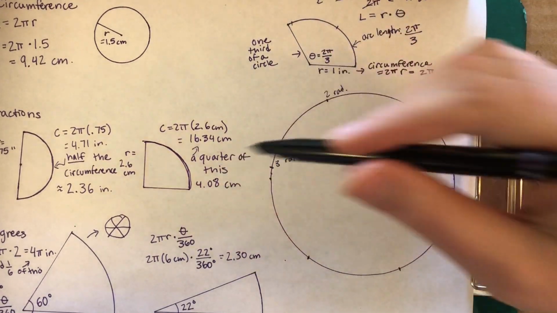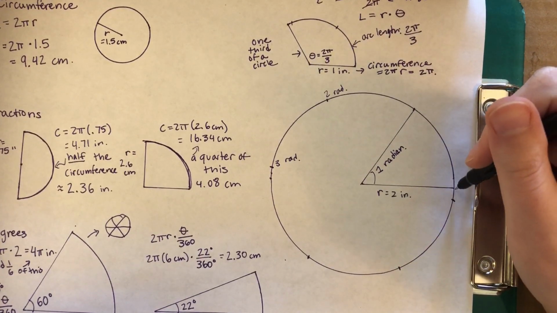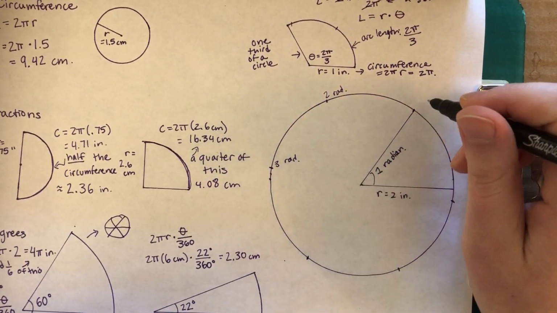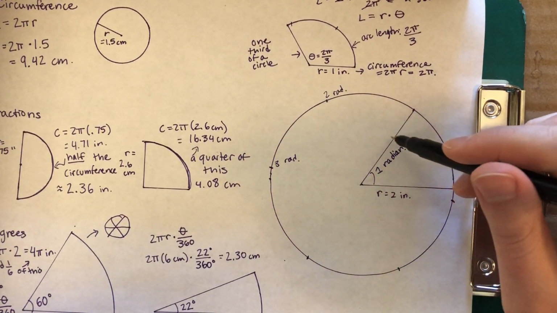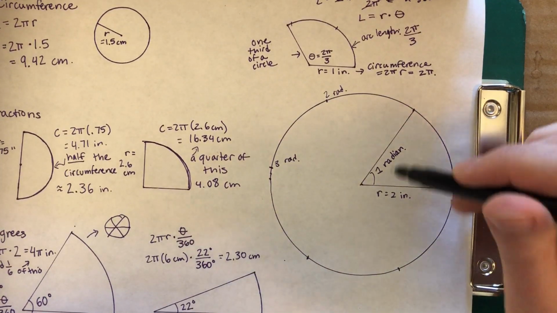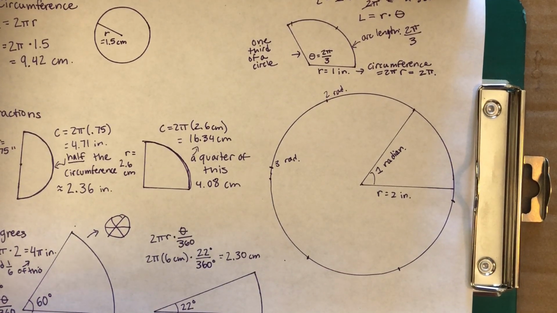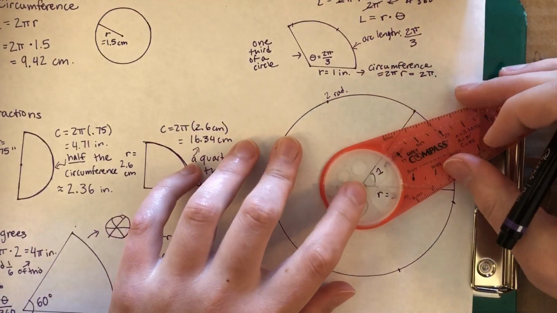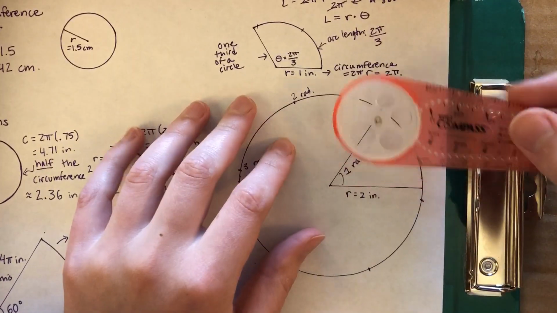So around the circle, each radian is the amount of angle. It's not this length. This length is the length of the radius. The radian is this amount of angle where the arc length is always going to be the same as the radius. If I were to draw a smaller circle inside of this one, this would still be true.